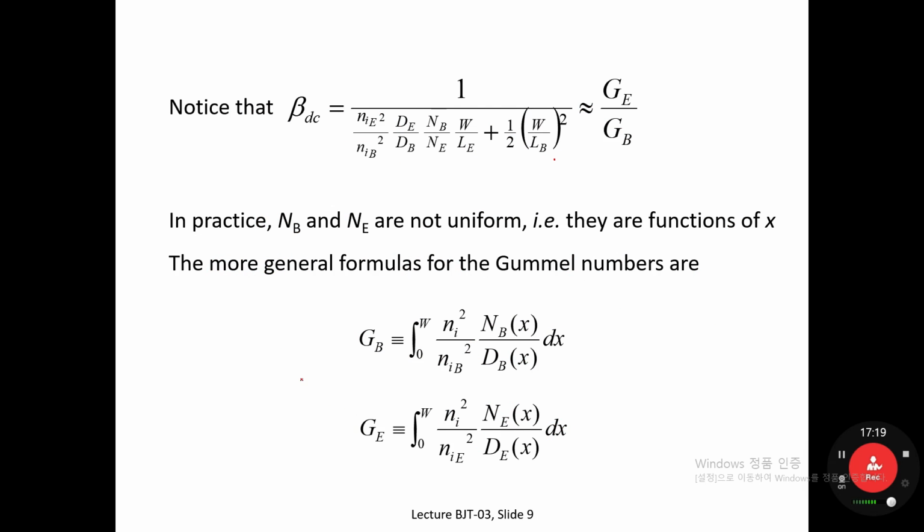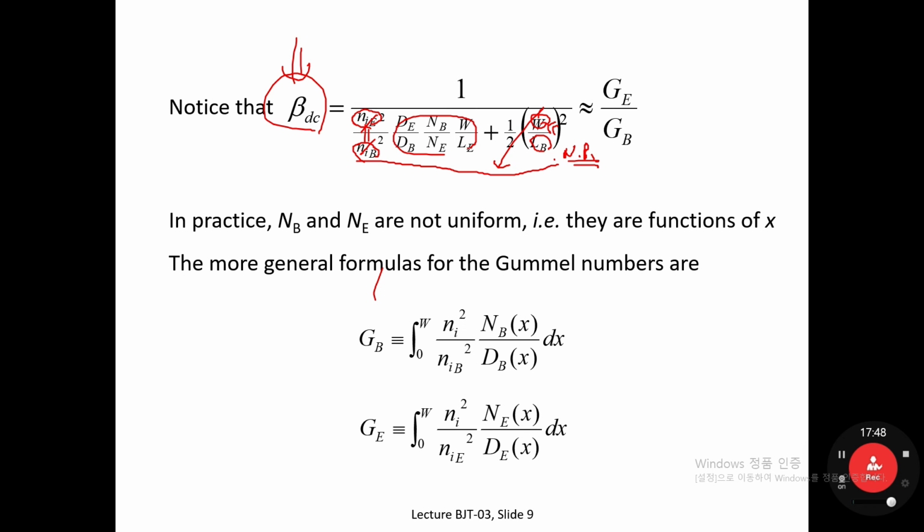What about the beta DC value? If I write down the full equation for beta DC, it looks like that. But if W is much smaller than L sub B, the narrow base, which is the preferred option to boost up the beta value in your BJT, you can ignore this term, and with no band narrowing, these two values cancel out together.